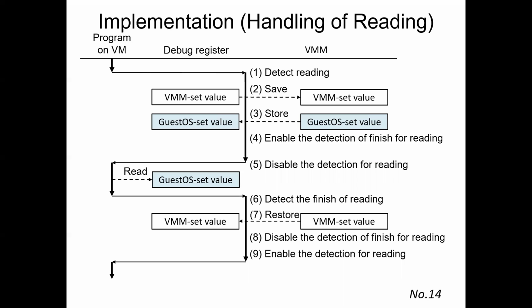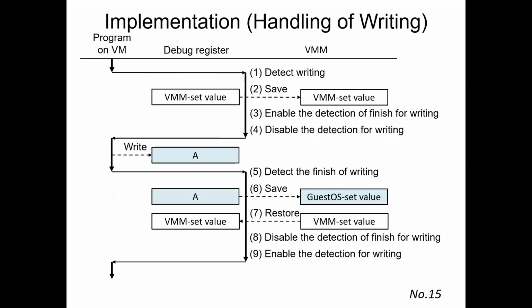With this flow, the proposed method disguises the program on the VM as if it can read the actual value, but the actual value is restored after the read. The next slide shows the flow of writing, but it's almost the same, so I skipped this slide.